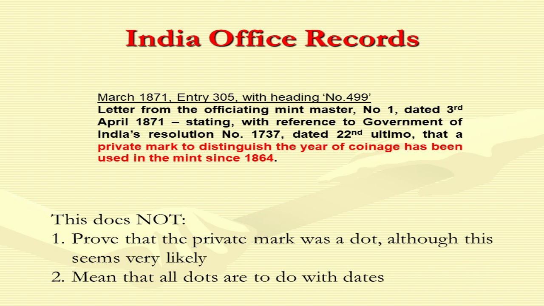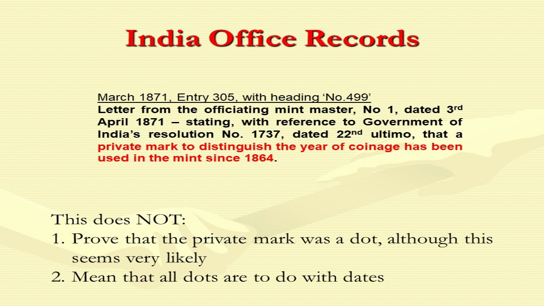I found this, an entry in 1871, a letter from the officiating mint master in Bombay. So this is official stuff. And he said, a private mark to distinguish the year of coinage has been used in the mint since 1864. So there are two important things there.